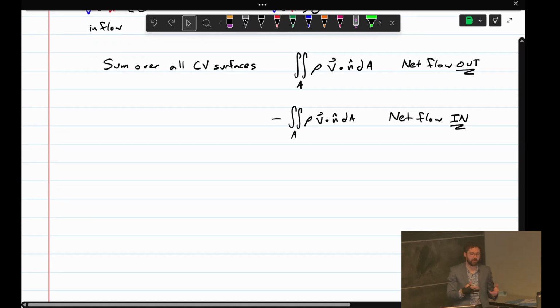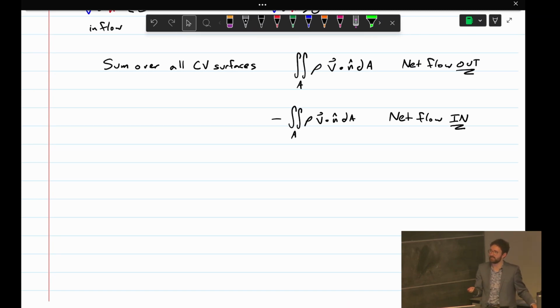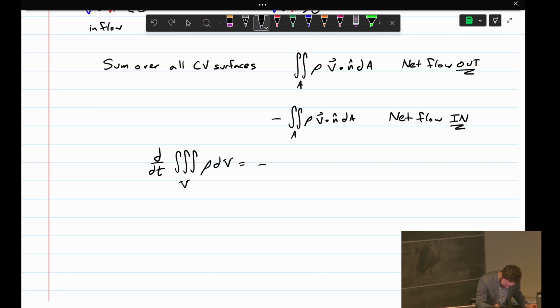So our conservation law, now we've basically come up with an integral expression for both physical processes, accumulation and flow. Our conservation law just says that the accumulation is equal to the net flow. So we can set these two terms equal to each other. d by dt of our volume integral is equal to the flow.